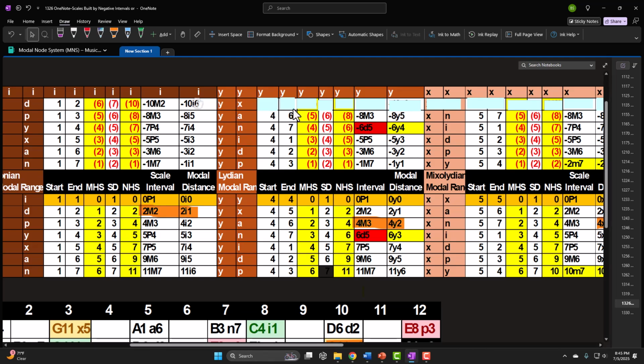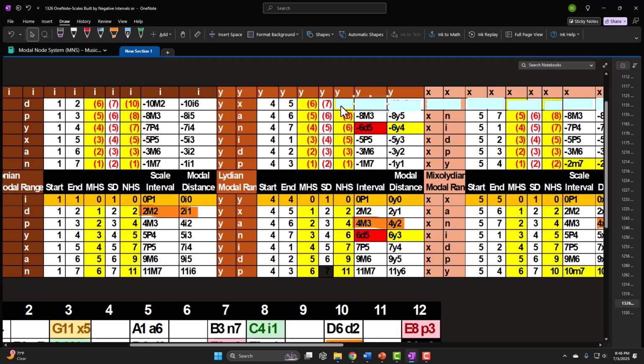So if we go back from the Lydian, back 6 continents, counterclockwise 6 modal half steps, we land on the Mixolydian. Why? Because the Lydian is 4. 4 minus 6 as we go around will get us to the 5. It'd be 4, 3, 2, 1, 7, 6, 5, right? As we go around the circle. So negative modal half steps of 6 will give us the negative 7 scale degree.